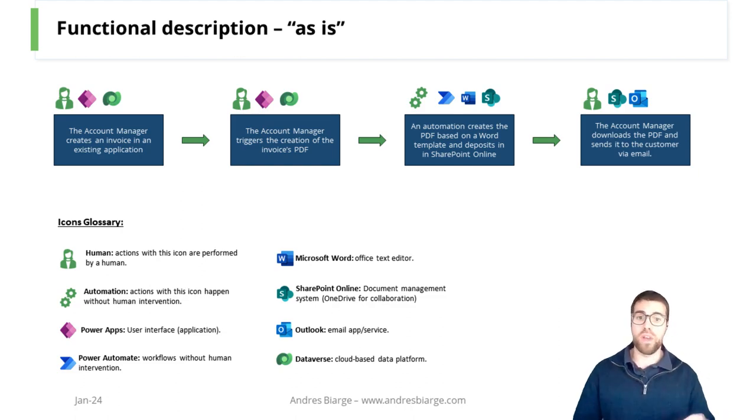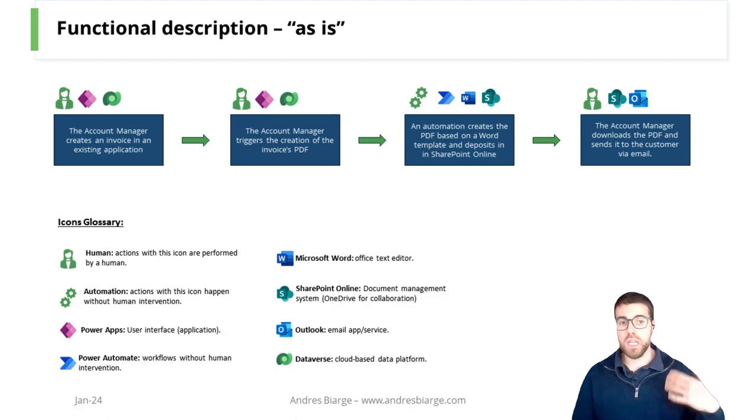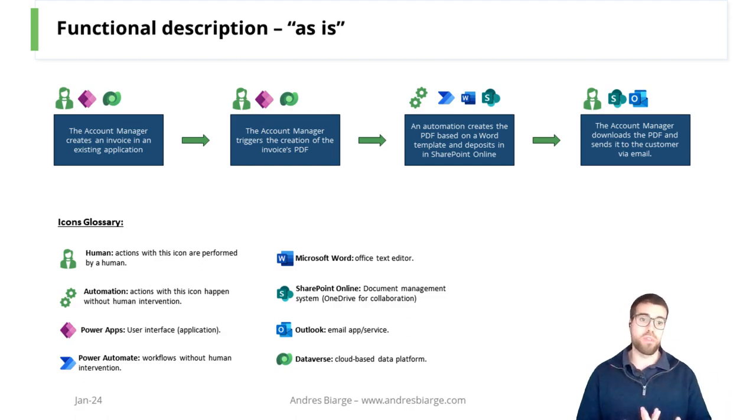Then we identify in the as-is, the current situation, that the first steps take place via an application, a user interface made with Power Apps, and that the automation currently is made with Power Automate, uses this Word template, the Microsoft Word icon, and the PDF is placed in SharePoint, so here is the SharePoint icon. And then the last step is the SharePoint icon again, because we have to download the PDF, and the Outlook icon representing sending the email to the customer.